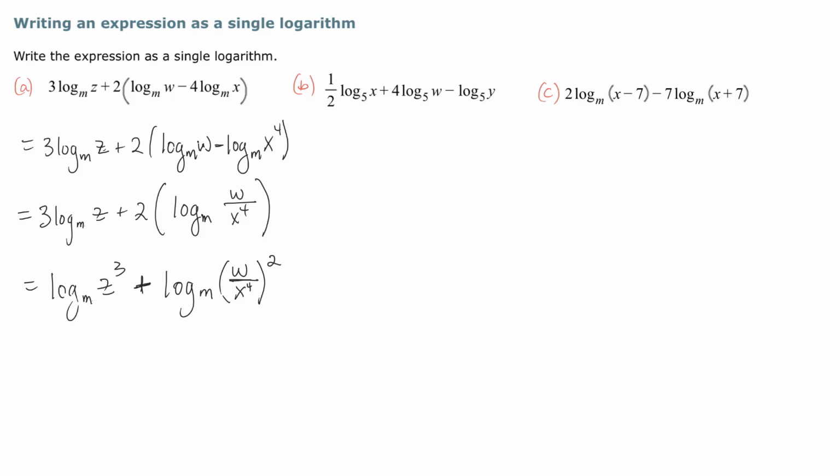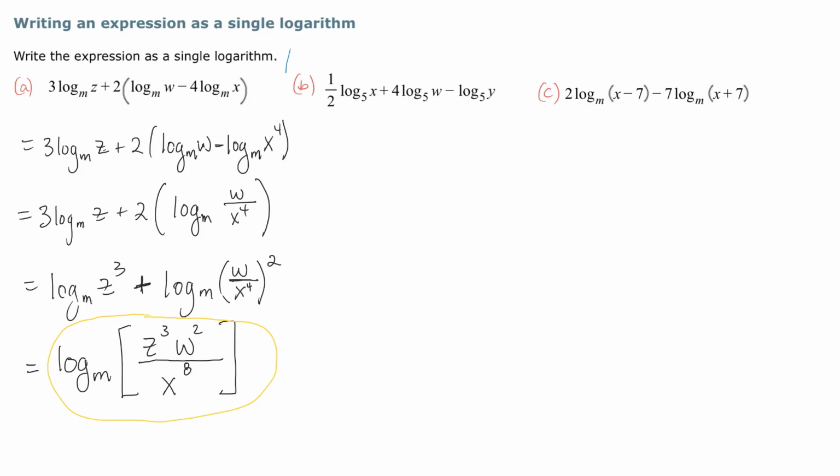And we're getting warm. We have one more thing. We've got to get this into a single logarithm. So log base m, and we're going to multiply now. z to the 3rd power w squared over x to the 8th power. And we're done. We've written that first logarithm into a single logarithm. So we're just manipulating expressions here. We're just changing the way the expressions look.